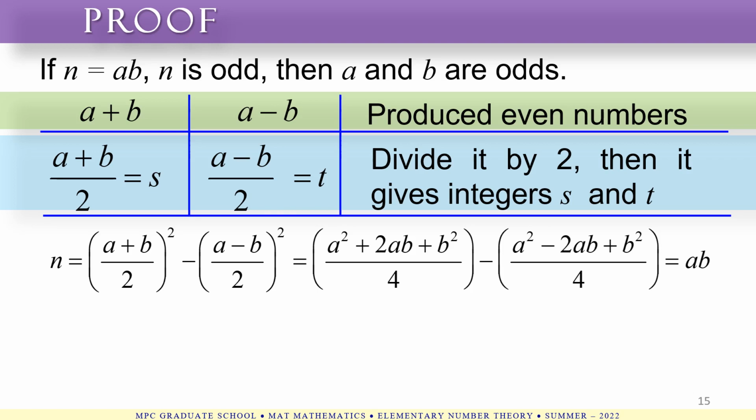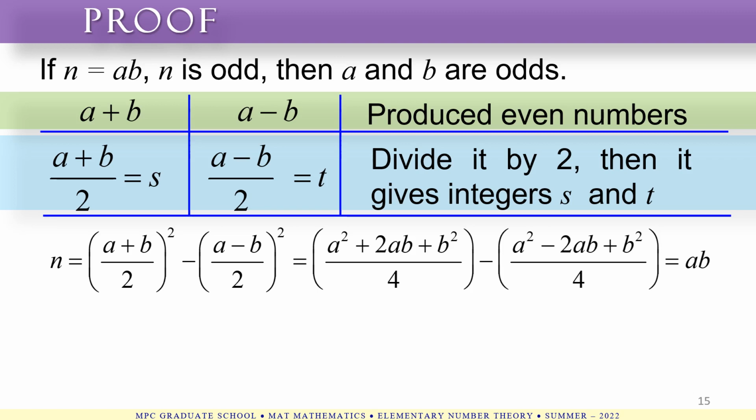Applying the rules of subtracting polynomials, by combining the like terms, we will have a squared minus a squared, which gives us 0. 2ab minus negative 2ab gives us 4ab. And b squared minus b squared gives us 0. And on the divisor, we will have 4.